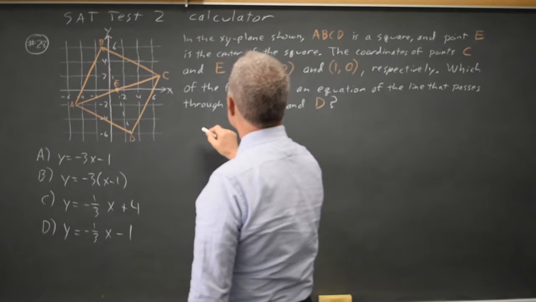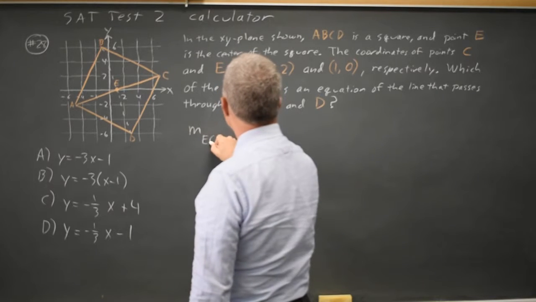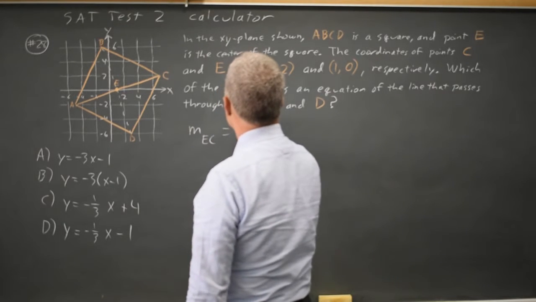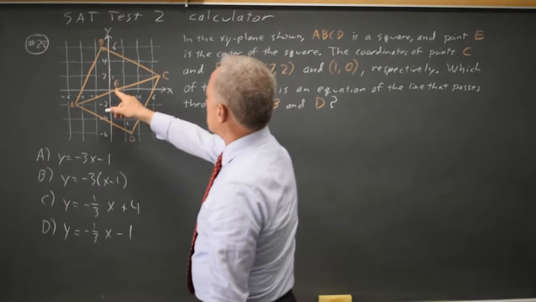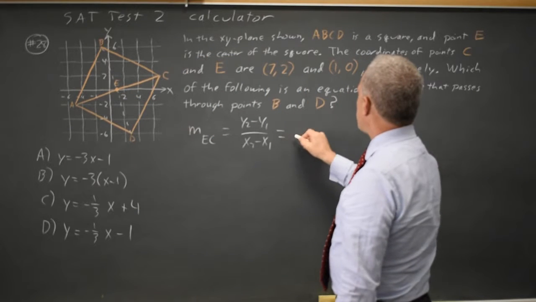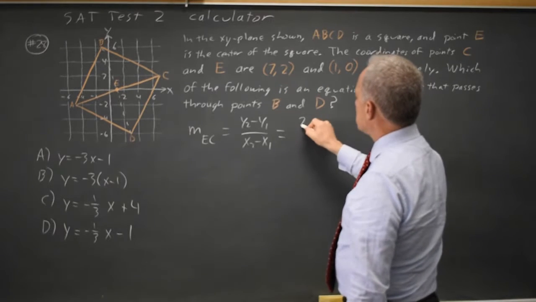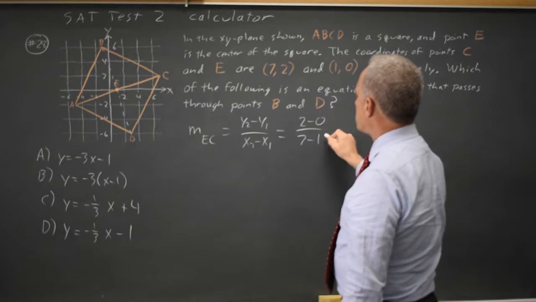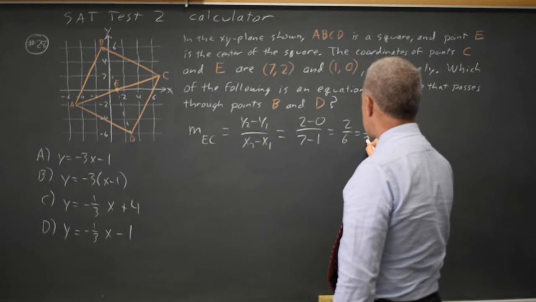The slope for line EC is y2 minus y1 over x2 minus x1. That's this portion of the diagonal they gave you, and that is 2 minus 0 over 7 minus 1, which is 2 over 6, or 1/3.